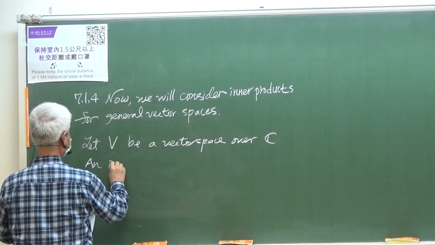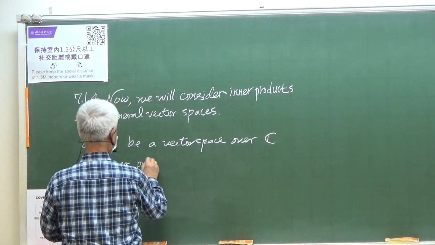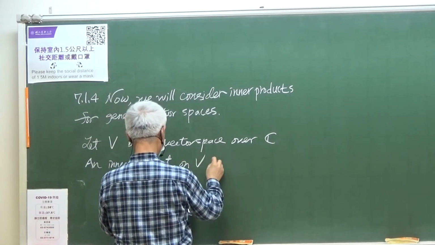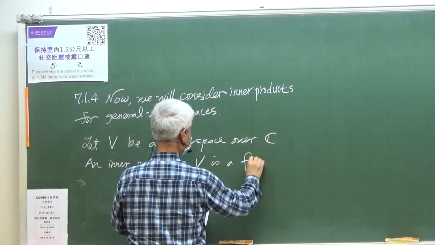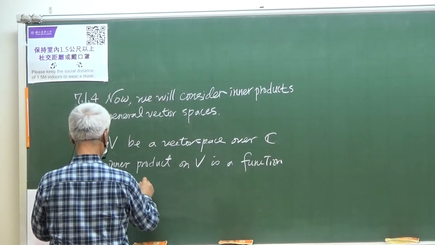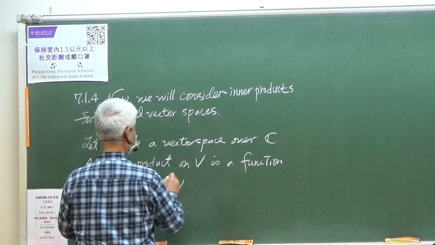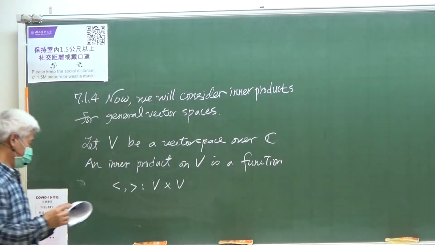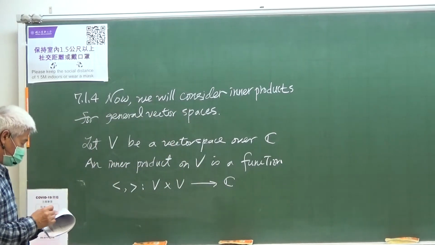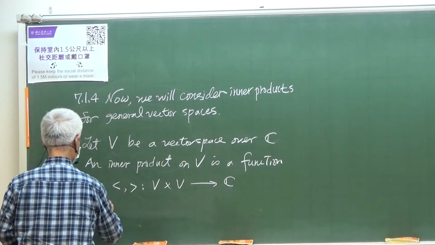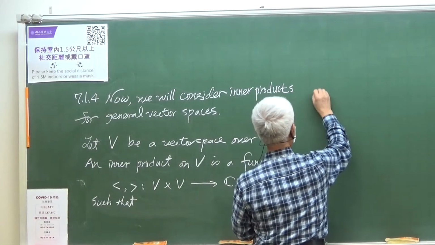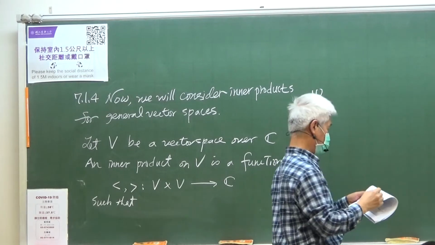Alright, so an inner product on V is a function from the Cartesian product of V and itself to the set of all complex numbers, such that it has three properties.